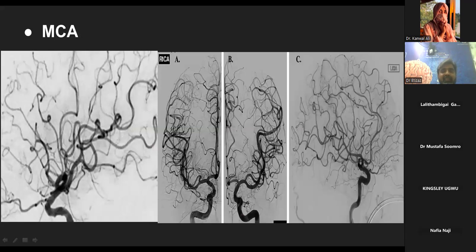So this is the angiogram of the middle cerebral artery. Can anyone interpret it? Yes, please. Can anyone?